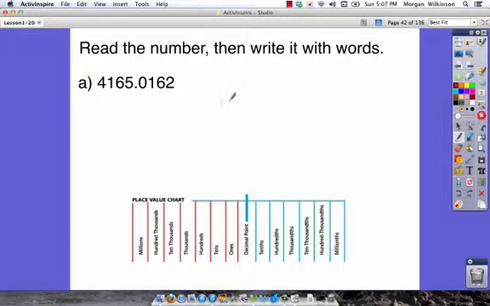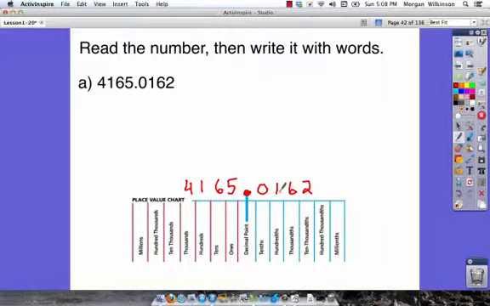So looking back at that first problem, we're going to read the number, then write it with words. One strategy we have is going to be to take our number, 4,165, and whenever we see a decimal point, we say the word "and", 0162. When we line it up over this place value chart, we can easily see what the last value we have for our decimal will be, ten-thousandths, so we can say the number properly.